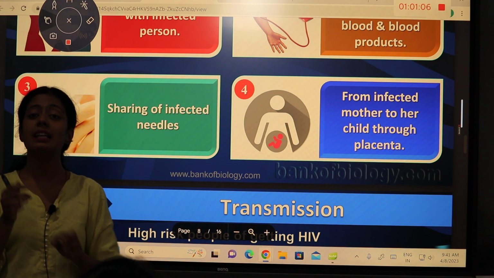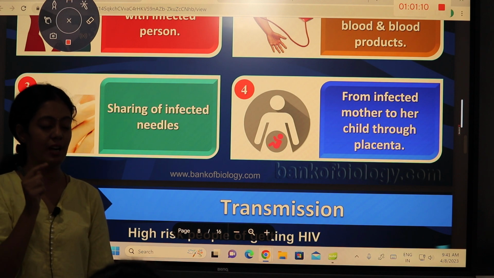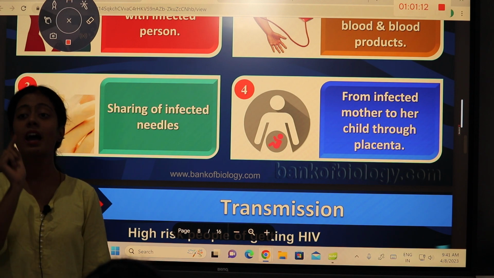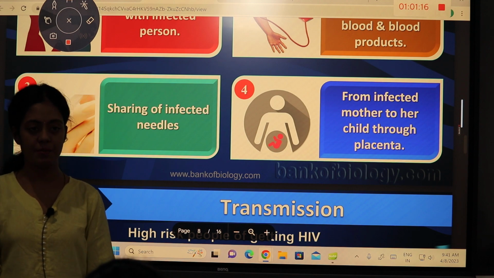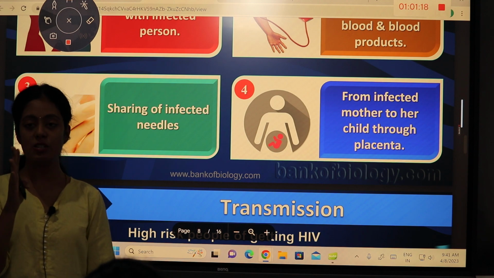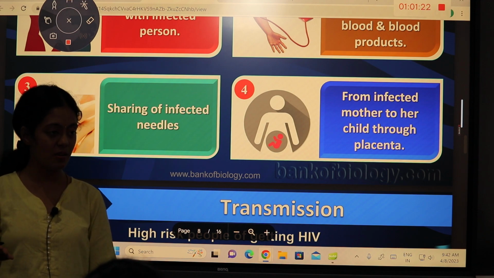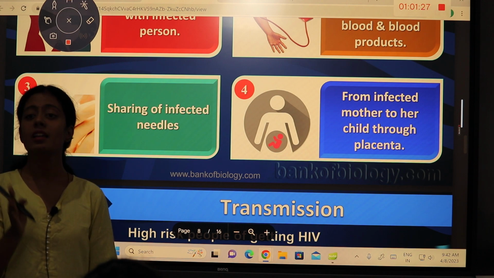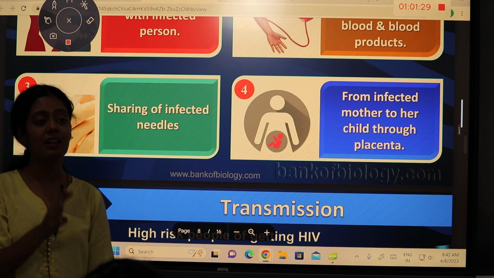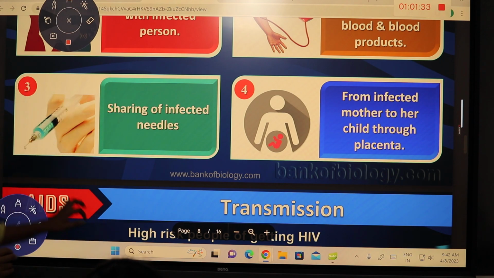That's why they check for HIV, and if I find out the mother is HIV positive, I can prevent the baby from getting HIV through medicines. There are medicines which can prevent the baby from being HIV positive.